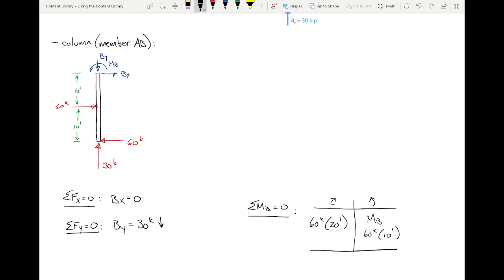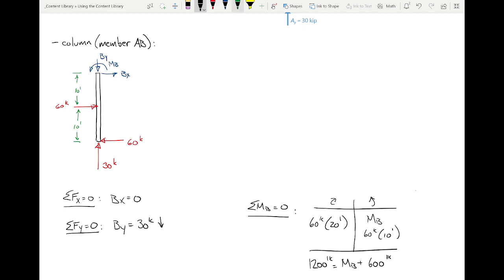Do you see how I'm doing that? So if I sum moments at B, the By doesn't matter, the Bx doesn't matter. I have MB going like that. I have 60 times 10 and then 60 times 20 in the opposite direction, right? So I've got 1,200 foot kips equals MB plus 600 foot kips.